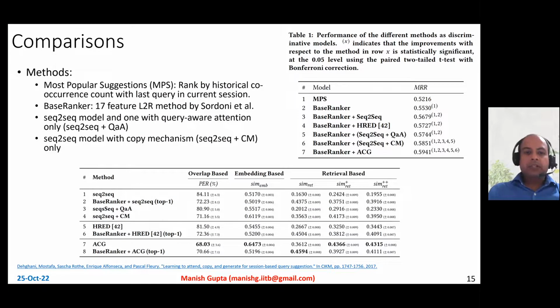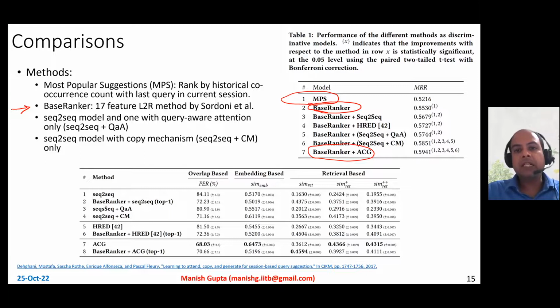Okay. So on all of these metrics, people compared this ACG method with several previous methods. There is the most popular completion or most popular suggestion based baseline, right? There is yet another baseline with 17 different features, pairwise features, contextual features, and suggestion-based features that we talked about in one of the previous videos.